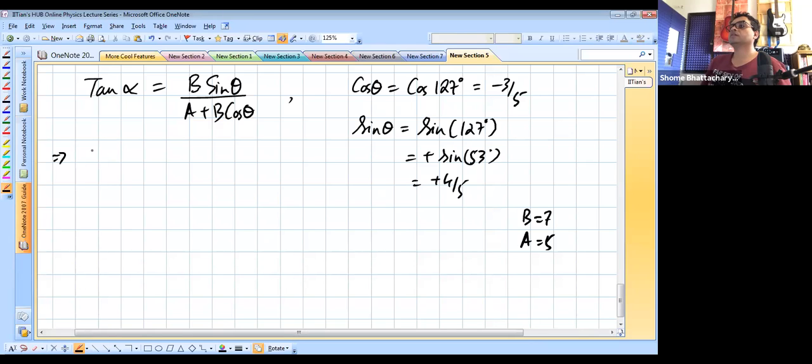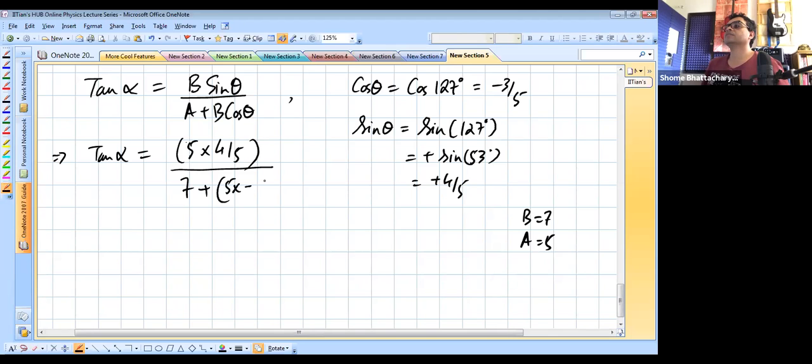So we get tan alpha is b, that is 5 into sine theta, which is 4 by 5, divided by a, which is 7, plus now this term becomes 5 into minus 3 by 5.